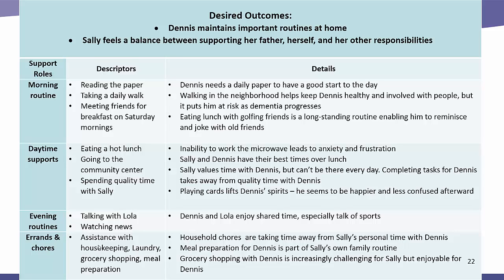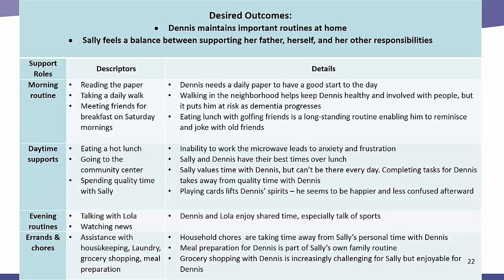Once they settled on these goals, Sofia helped them identify why specific routines were important to Dennis and what the challenges were for Sally. With this further specificity, the plan began to emerge. Note that reading the paper is part of Dennis's routine and that he really needs this to have a good start to the day. Eating hot lunch is important to him.